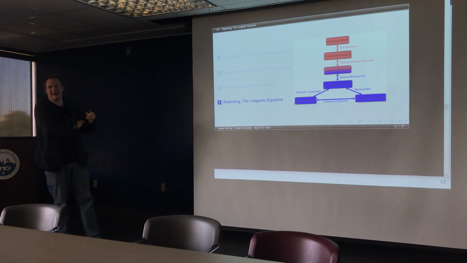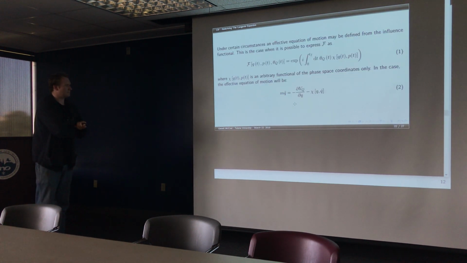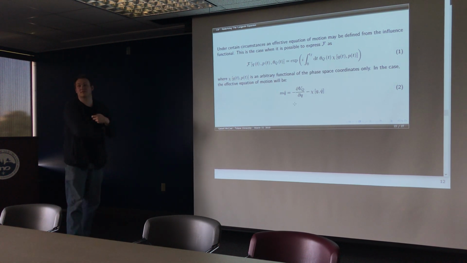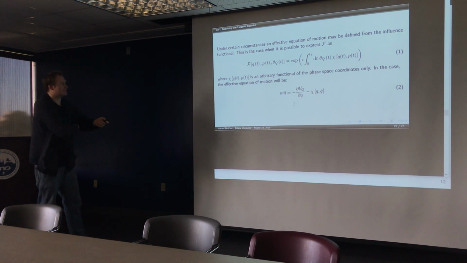But where does the Langevin equation come from? There's one more step to this. Once you've got that reduced path integral, there's a formal transformation you can make to deliver stochasticity, if you like. Say you've got an influence functional for a certain environment model, which is going to depend on the initial state of the environment and the dynamics.